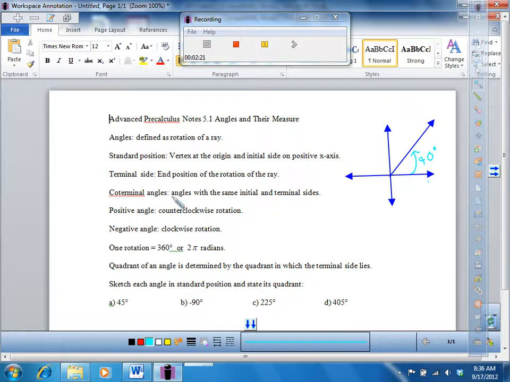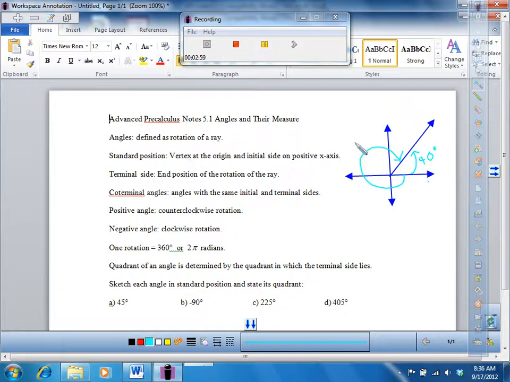Okay? Coterminal angles we'll talk about in a minute, but they are angles with the same initial and terminal side. So for example, I can have one angle going this way at 40 degrees, but I could have another angle going this way, which would be how many degrees? Negative 320. Very good.